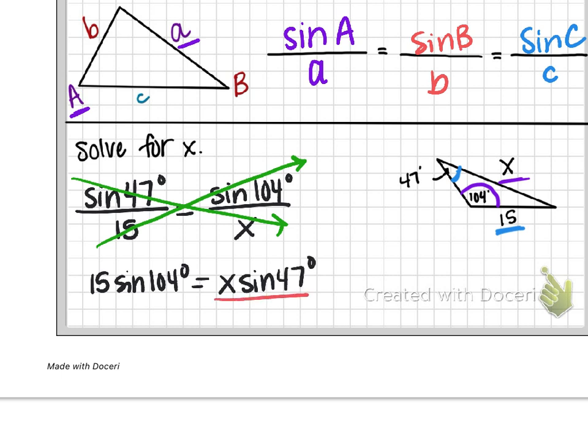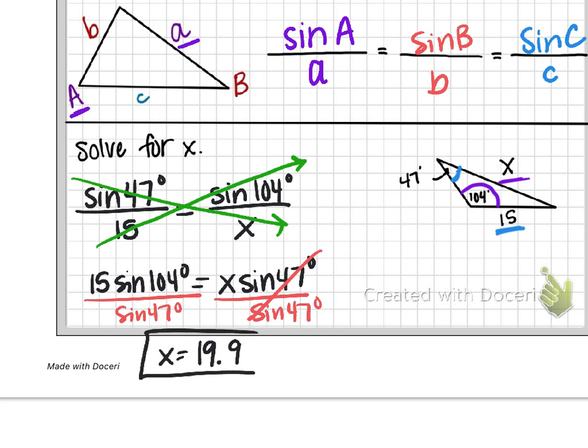Then the last step, to solve for X, we would divide both sides by the sine of 47 degrees, which gives us that X equals approximately 19.9. Be careful when you put your stuff into your calculator. Number one, that it's in degree mode, and then number two, that you end your parentheses around your degrees before you push enter, because your answer won't be correct if you don't.